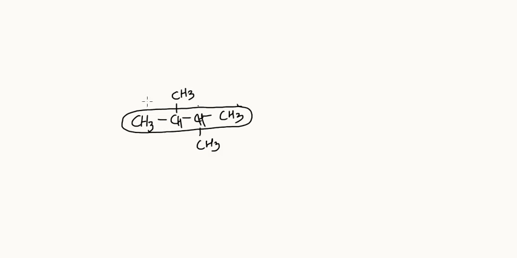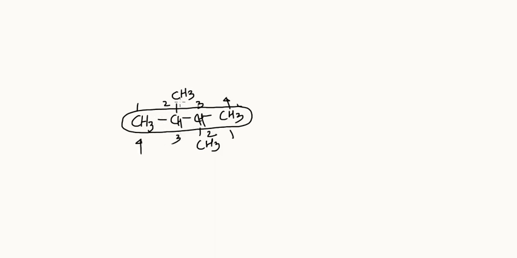The second part would be numbering it. So you would be numbering it from the ends. You can't start the numbering from the middle. So you can number it from here, that is 1, 2, 3, 4, or you can number it from here.